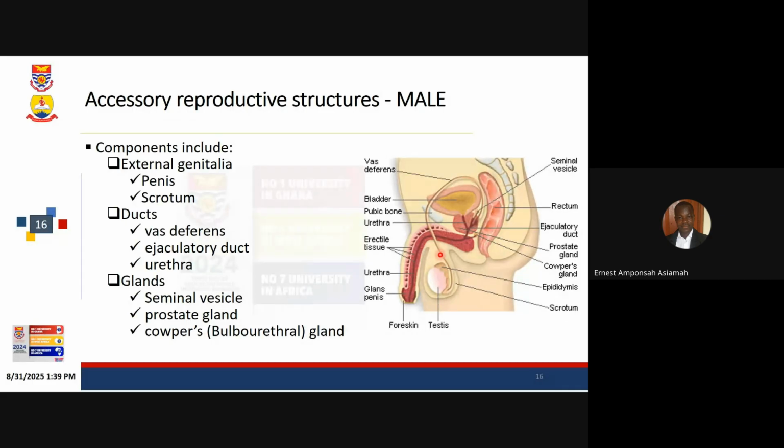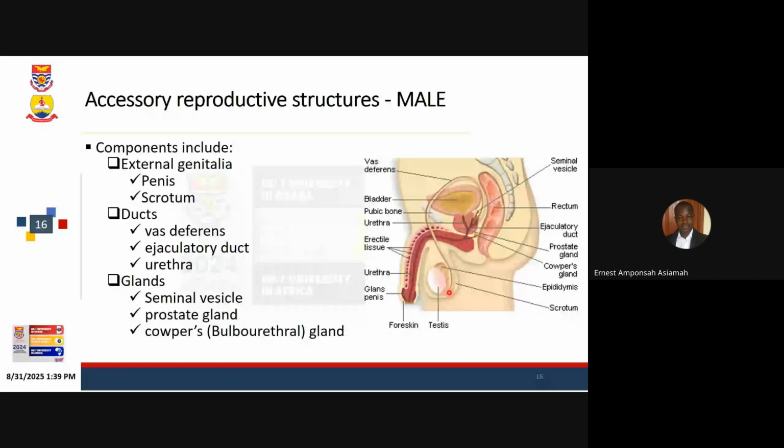Right from the testis, the testis has the epididymis. Then we have the ducts. So we have the vas deferens or the ductus deferens.